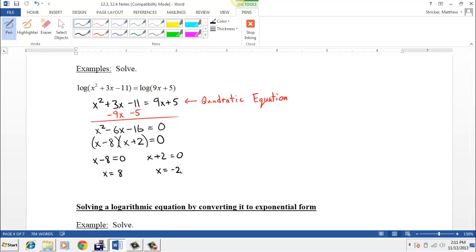Now, one of the things you've got to remember about logarithms is that I can only take the log of a positive number. Remember what the graph of log looks like: this is y equals log x.